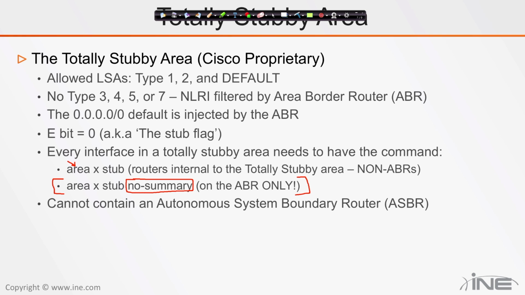They are internal leaf routers in this totally stubby area. So to do this correctly, we put area 127 stub no summary only on the ABR, and on all of the leaf or internal routers in the totally stubby area, the non-ABRs, we're going to simply say area 127 stub. That's all that's needed.